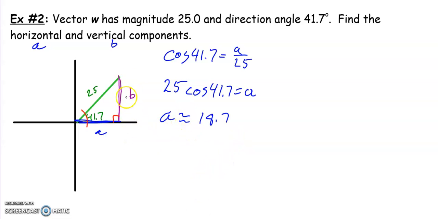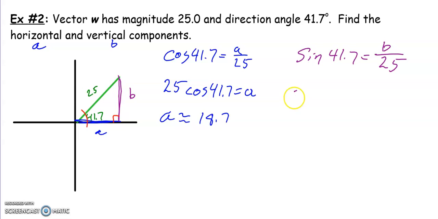Now let's find B. We don't want to use A because I rounded A. Let's go with what they gave me. I've got hypotenuse, I've got this angle, and I want to find the side opposite that angle. So that's going to be sine. The sine of 41.7 is going to equal opposite, B, I don't know what it is, over the hypotenuse, which is my magnitude.